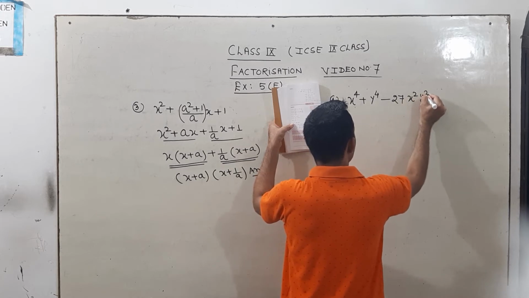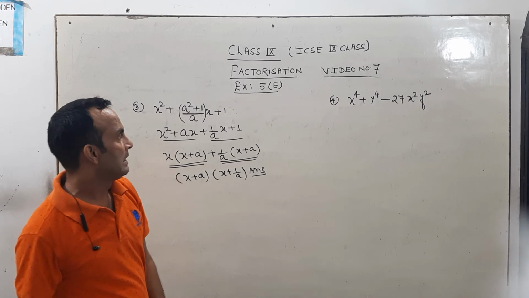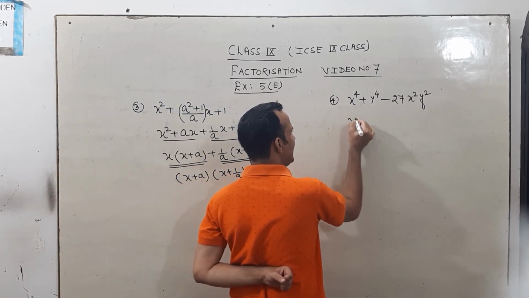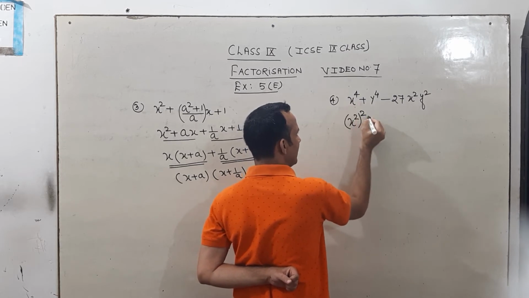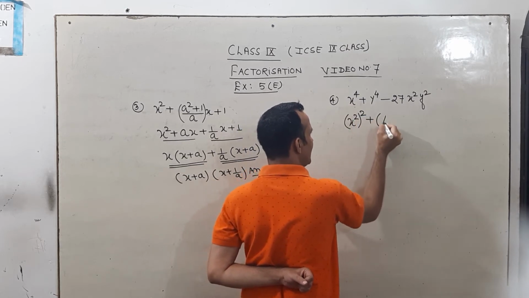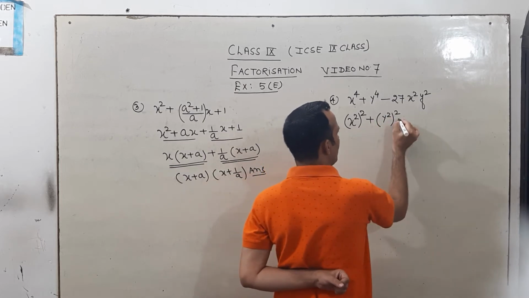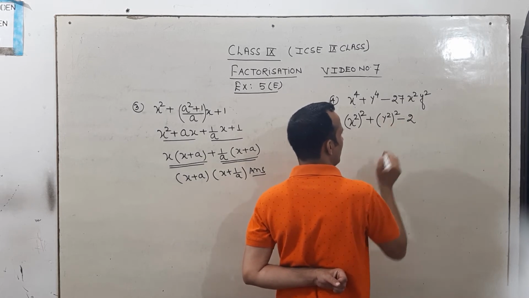This is a very important problem, dear students, for examination point of view. See, we can write it as this is the square of x square and this is the square of y square. Okay? Now minus 2, no, plus 2.